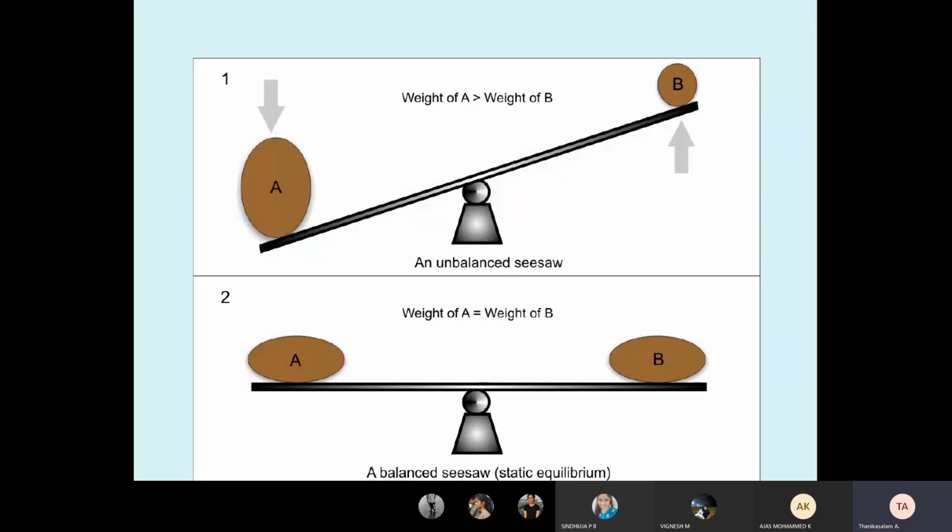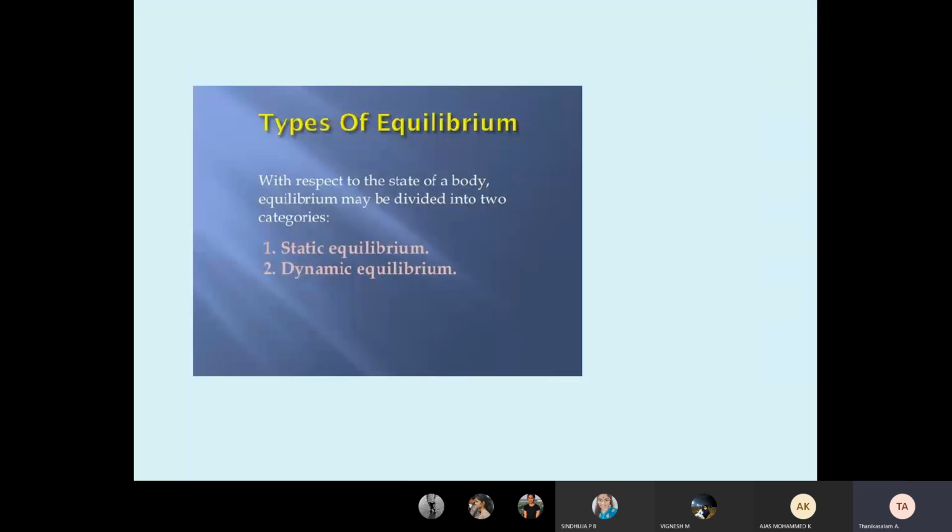The weight is acting on the chair, and the chair is supported by the floor. Both are stable, static. Without the switch on, the fan is hanging, no? That is static equilibrium, because the fan is tied to the roof, so tension equals the weight of the load. Static condition. So the 2 equilibriums: static equilibrium and dynamic equilibrium.